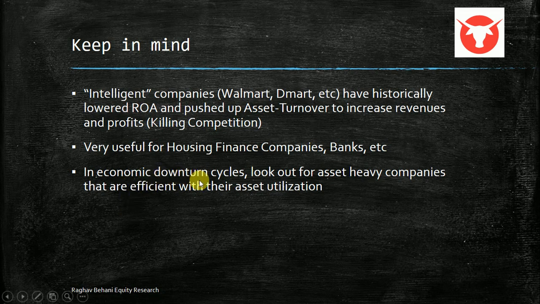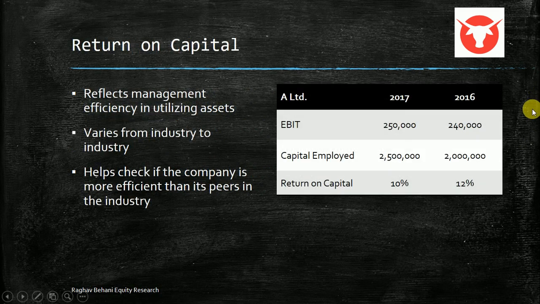In economic downturn cycles, look out for asset heavy companies that are efficient with their asset utilization. Let's say two steel companies are operating in the same geographies and that region is facing some recession in the steel industry. Now look out for a company which is earning higher return on assets because this company might be performing better when the economy picks up.